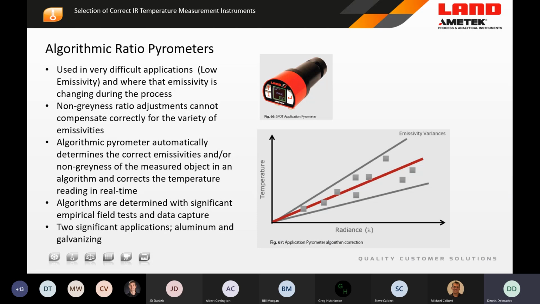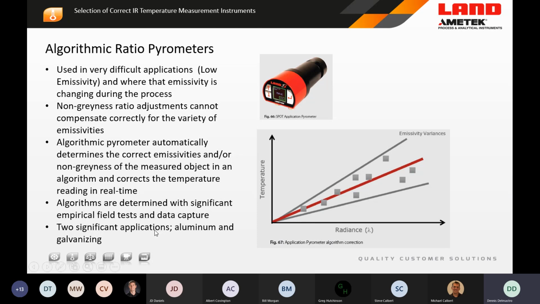When we design these, we have to go to aluminum plants or galvanizing plants and spend considerable amounts of time capturing data with pyrometers, noting temperatures, radiances, detector values, and in the end, we have to generate the algorithmic curves over the temperature range of interest, and that is then used to determine in real time the temperatures.